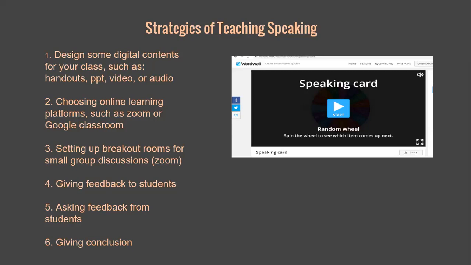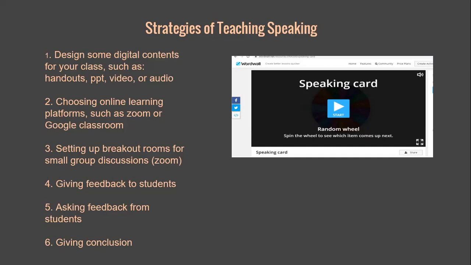So in a massive class, I usually break them into 10 groups, into 10 breakout rooms. In this case, it will be very exhausting because you as a teacher need to pop in and out of each room. But it's very helpful. Why?